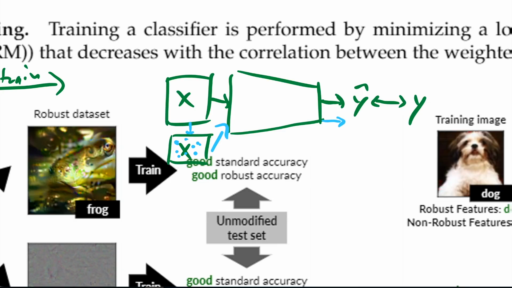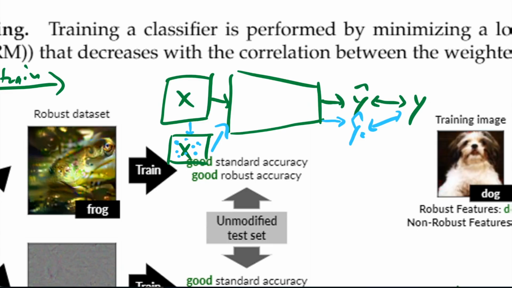Then this will give you some Y hat 2, and you say, but this should also be equal to Y. So basically you train the classifier also on adversarial examples. The hypothesis is that if you train on an image data set, you can teach the classifier about that data set, like you do with the regular data set. You say, okay, I can now just train on adversarial examples, and my classifier will be able to better classify these correctly. This usually works.